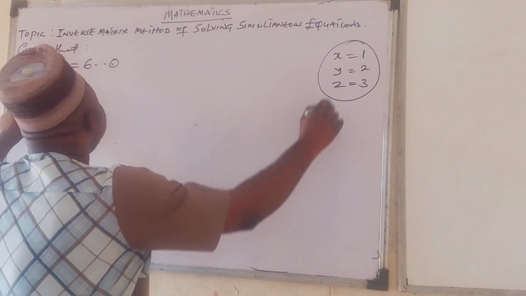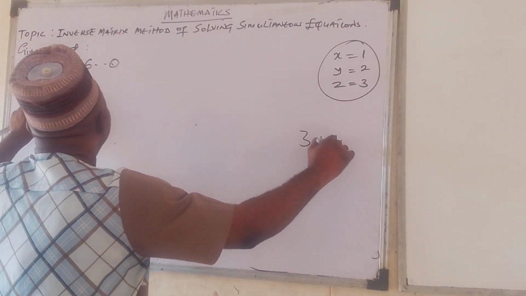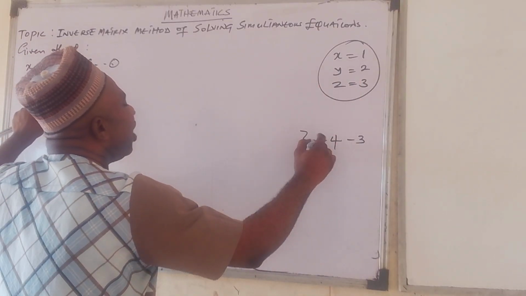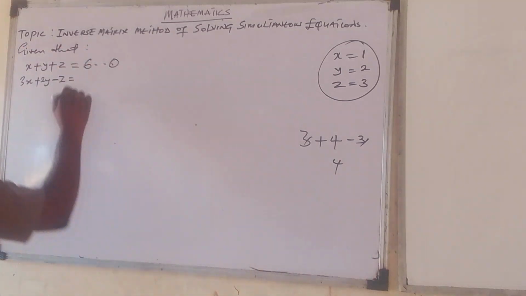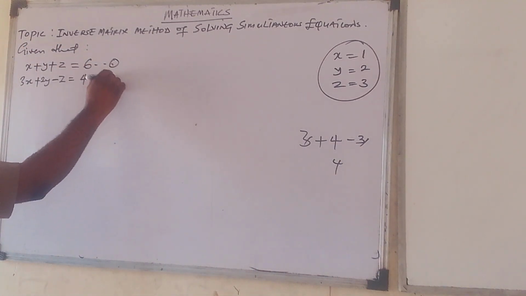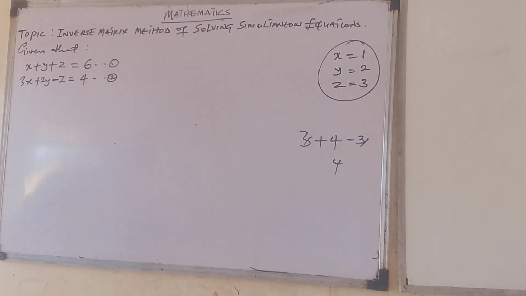Then plus 2y, that is 2 times 2. That will give us 4. Then minus 3. So that will be equal to 4. So here we have 4, equation 2.